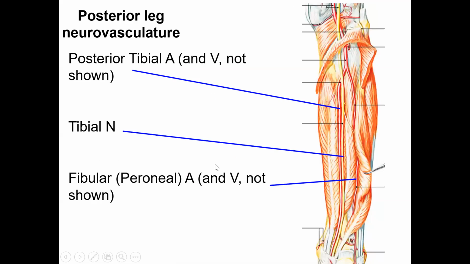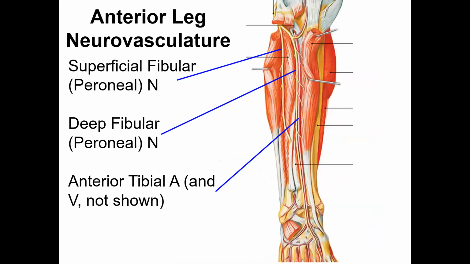Now let's look at what happens to the tibial artery as it descends into the lower leg. So the tibial artery will then divide into the posterior tibial artery, which continues descending on the posterior leg, and the anterior tibial artery, which pierces the leg and is going to end up on the anterior aspect. So if I go back to this slide, we already talked about the anterior tibial artery and vein. Here they go.